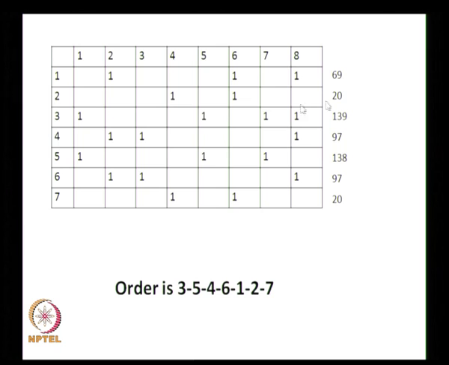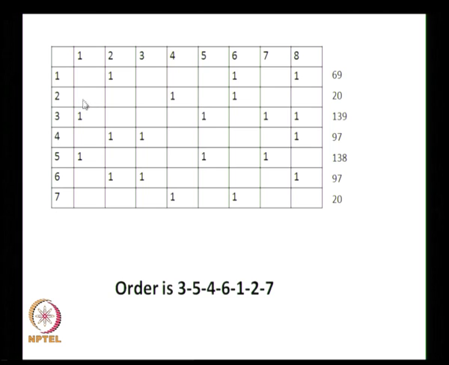Now, for this row, this has a weight of 4 and this has a weight of 16. This is 2 power 2, this is 2 power 4. If you go back, this is 2 power 0, 2 power 1, 2 power 2, 2 power 3, 2 power 4, 2 power 5, 2 power 6 and 2 power 7.